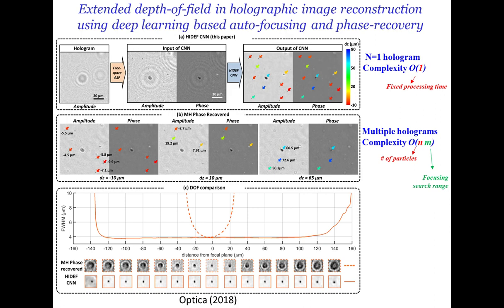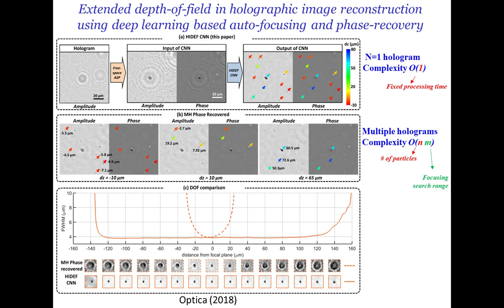A good example of this is shown here for imaging a 3D distribution of bioaerosols. These are particles captured from air that have different heights. If you take a physics-based reconstruction, which is shown here in B, as you scan through the sample volume at different heights, you'll see different particles coming into focus.